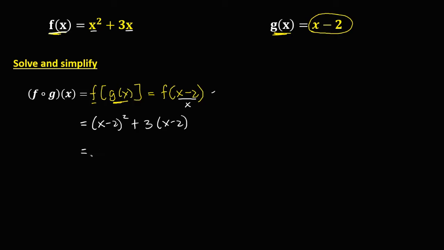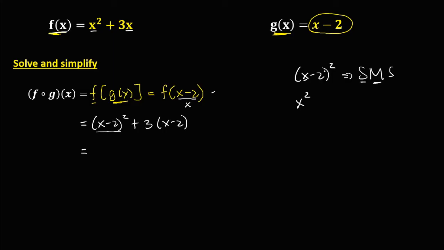Then simplify. So to simplify this x minus 2 to the power 2, this one is the square of a binomial. We're going to use the SMS method. S stands for the square of the first term. So the square of x, this one is x squared. Then M, that's multiplication.